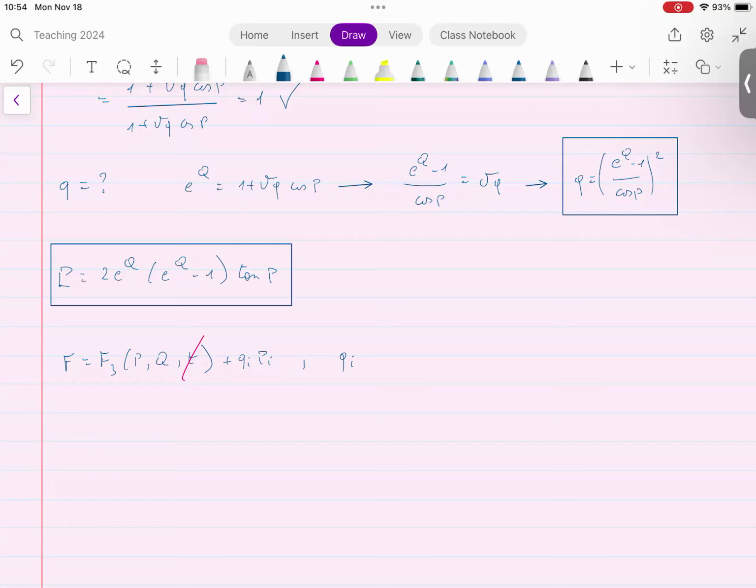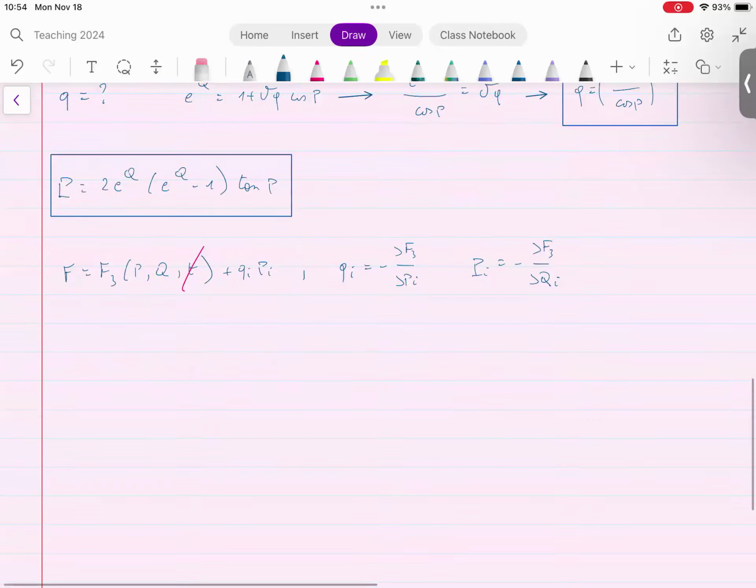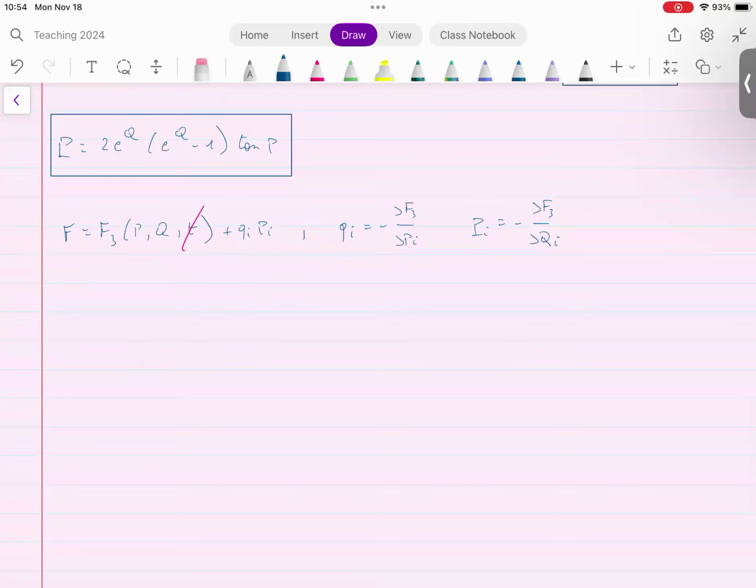I'll just write the general expression. Q_i is going to be minus dF3 over dp_i, and big P_i is going to be equal to minus dF3 over dQ_i. Okay. Now, yeah, got the signs correct. They're both negative.